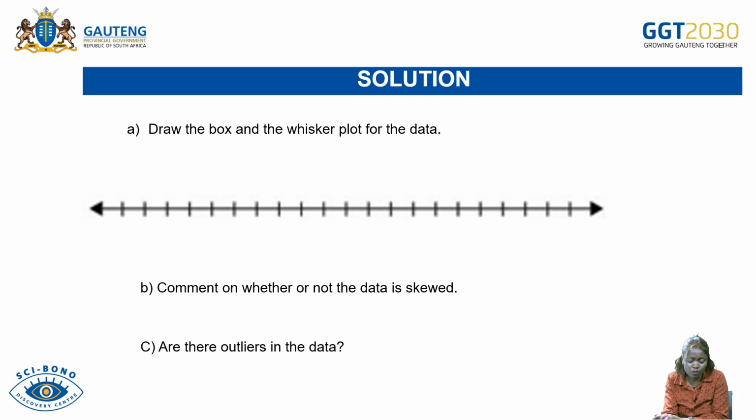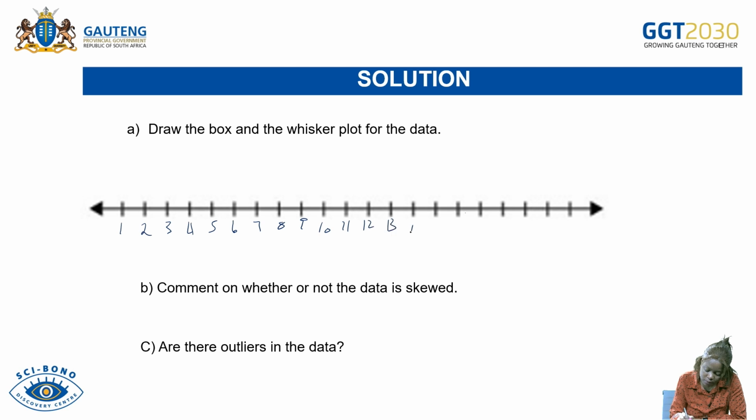Okay, so the second question, they're now saying draw the box and whisker plot for the data. Okay, I'll start it from 1. So it's 1, 2, 3, 4, 5, 6, 7, 8, 9, 10, 11, 12, 13, 14, 15, 16, 17, 18, 19, 20, 21.